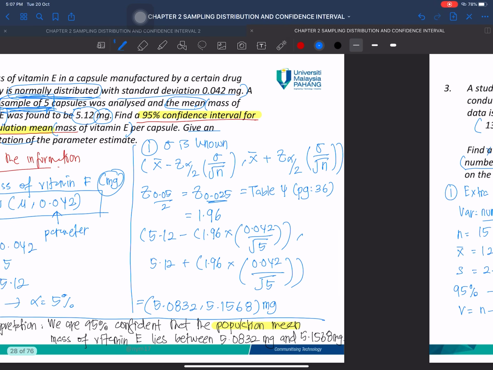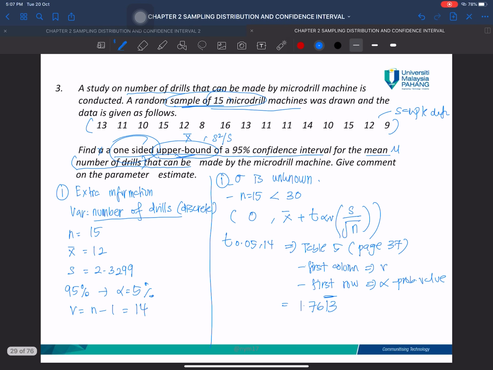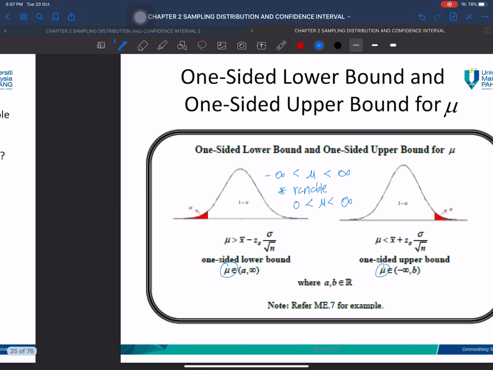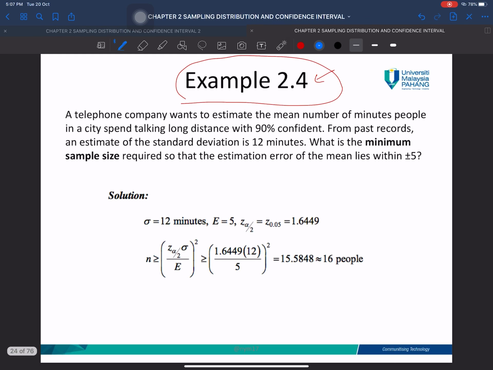Okay, as I promised, you can redo this exercise, and then if still you don't understand, you can consult your lecturer. Okay, so as I promised, we go back to example 2.4 here. It is about how to find the n.